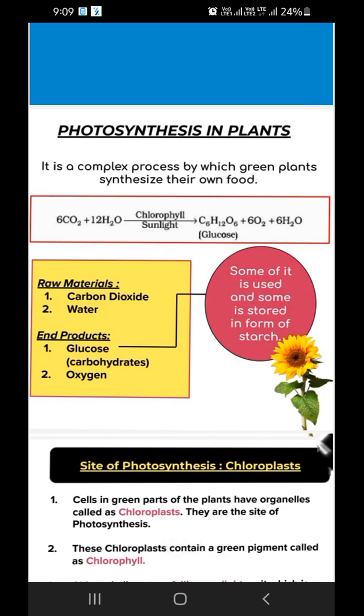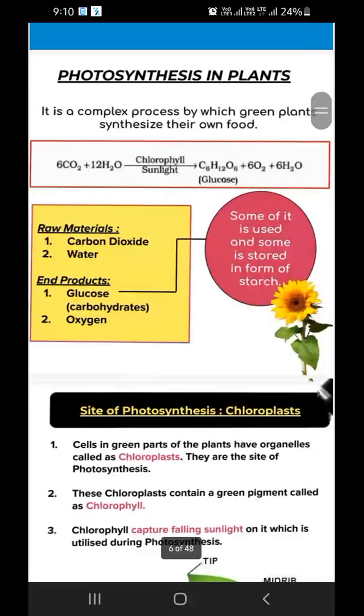Okay, so nutrition in plants. In plants it is a complex process by which they synthesize their own food, and that process, as we all know, is named photosynthesis. The equation is very important. Please learn it: 6CO2 plus 12H2O, in the presence of chlorophyll and sunlight, gives glucose, oxygen and water.